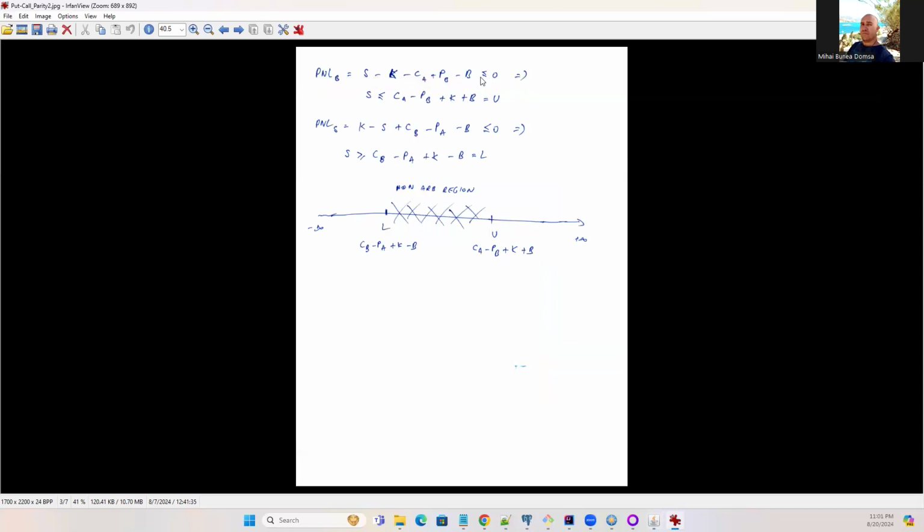If you solve the inequation, it results that for buy, there's an upper bound for the stock. If the stock is higher than this, then there's an arbitrage opportunity, so the stock will be below this.